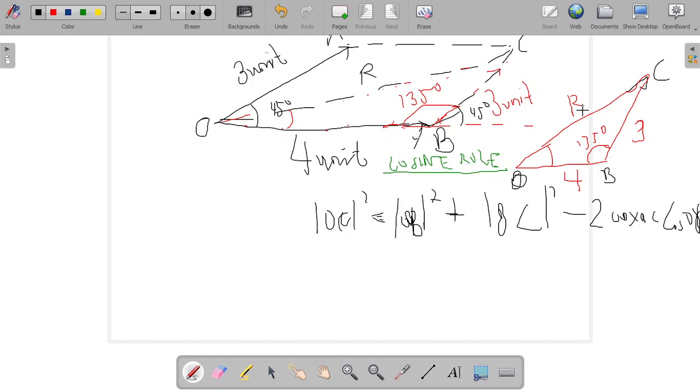So what do we mean? The cosine rule states that we are looking at this OC square, which is R square, because this is a default formula.